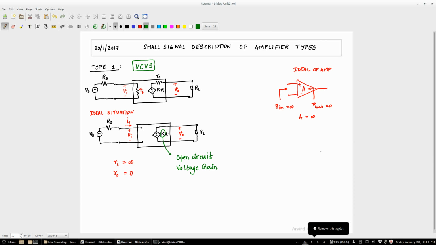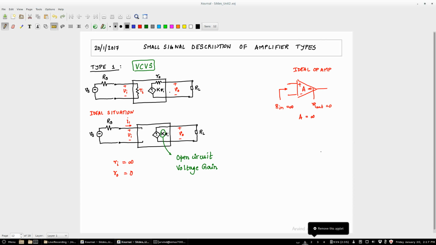Now? Can you give a name for type 1? What say? No, somebody said something. It is a voltage controlled voltage source. Correct?